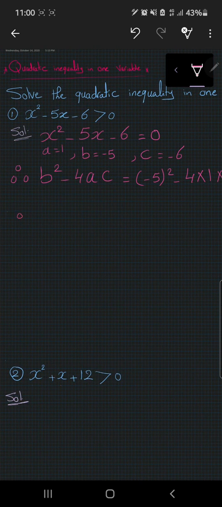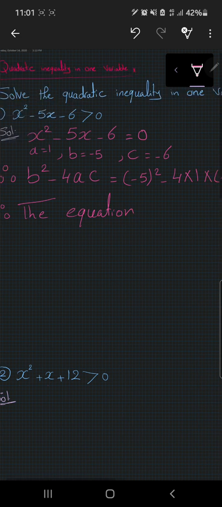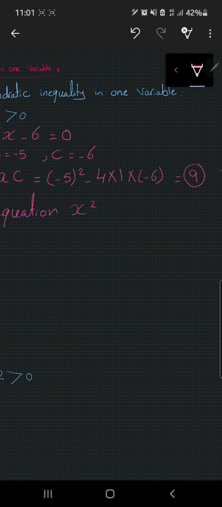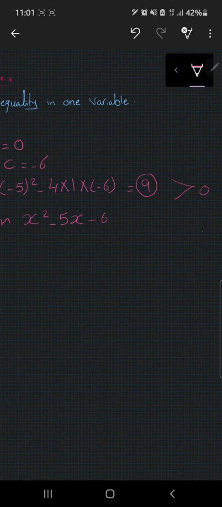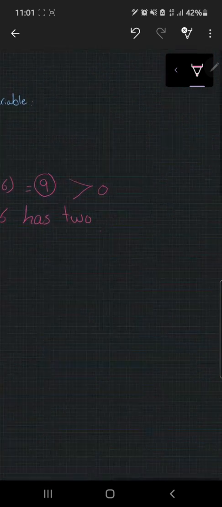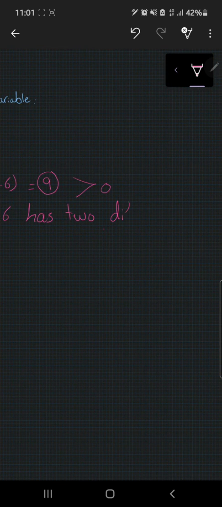So the equation x power 2 minus 5x minus 6 has two different roots. Why? Because the discriminant is greater than 0.